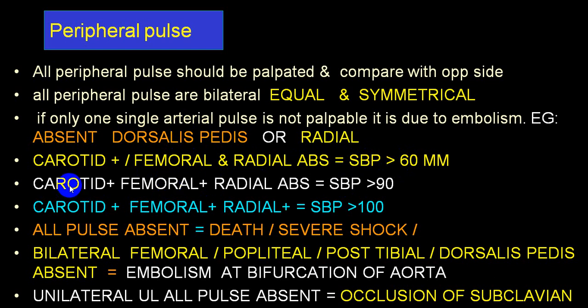If carotid and femoral are palpable but radial is absent, we usually roughly say that systolic blood pressure should be more than 90. And when all three are palpable, roughly we say that systolic blood pressure should be more than 100.